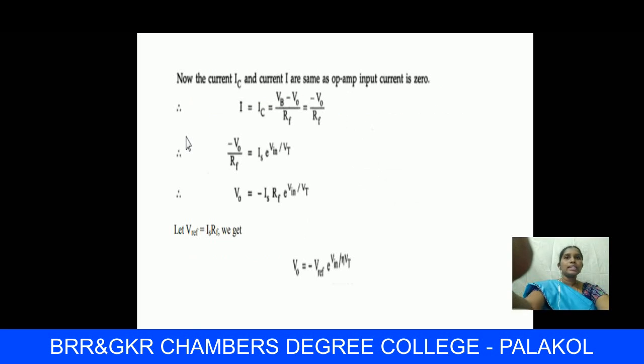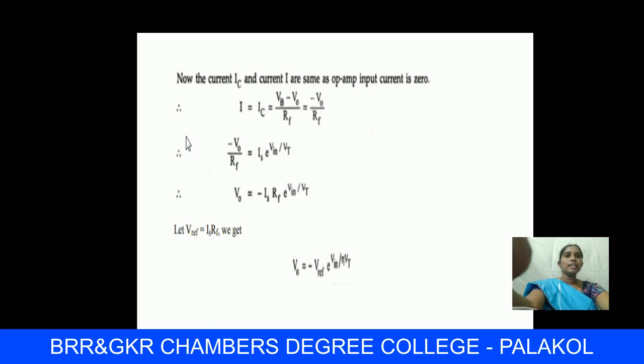This is the basic one. The current IC and the current I are the same, as the op amp current is 0. Therefore I is equal to IC, and VB minus V naught divided by RF is equal to minus V naught by RF. All these equations are the same as for the logarithmic amplifier.